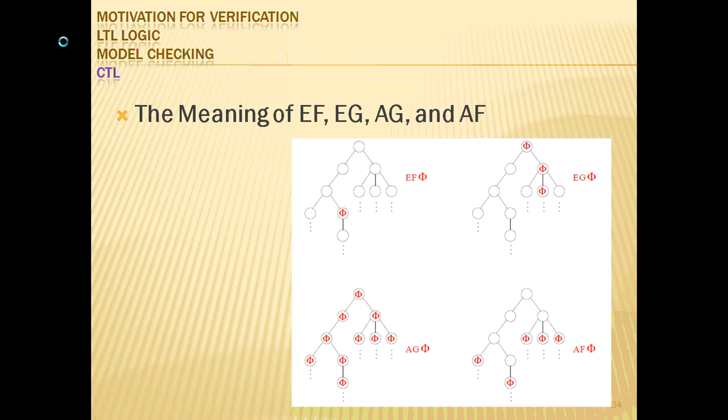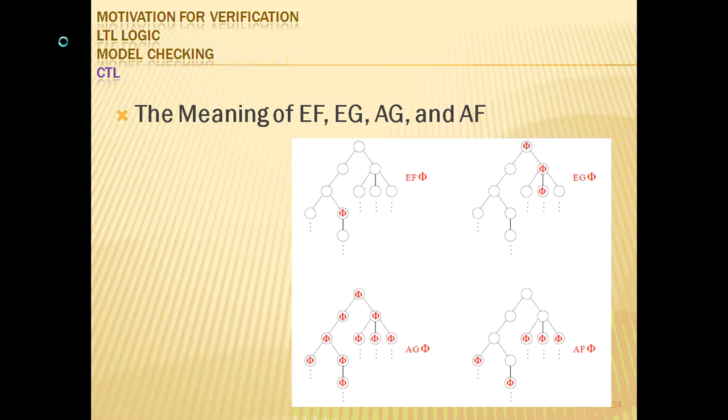Now, the slide shows some of the basic connectives and their corresponding meanings. E F psi means that in an unwinding of a tree, one particular path will satisfy the formula at some future state. E G psi means that there is one particular path in which all the states will satisfy the particular LTL or CTL formula.